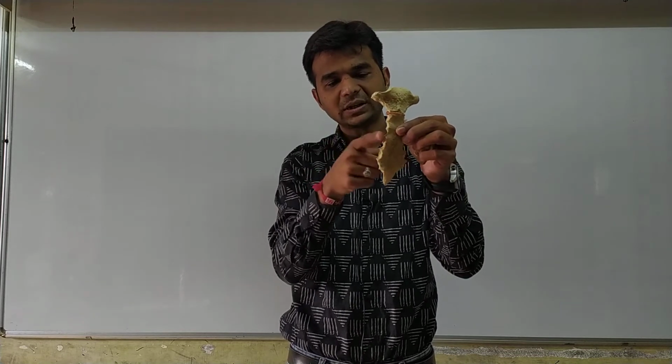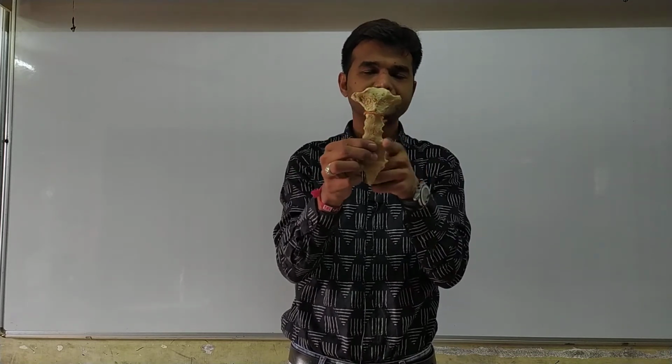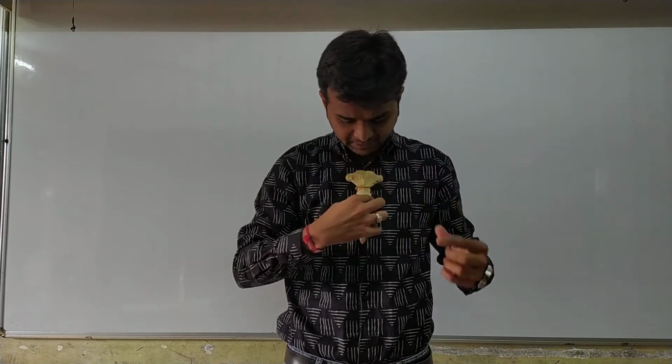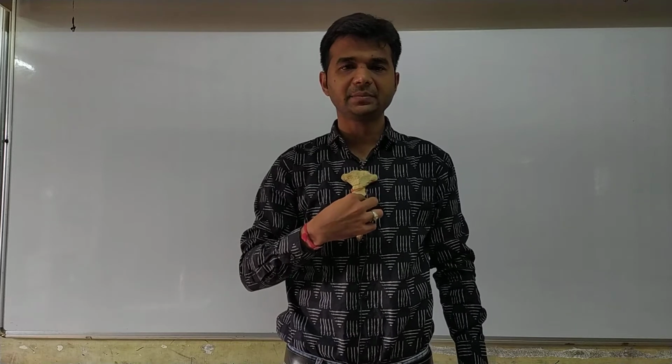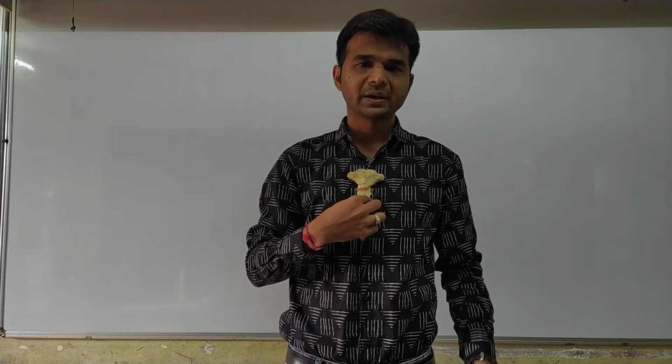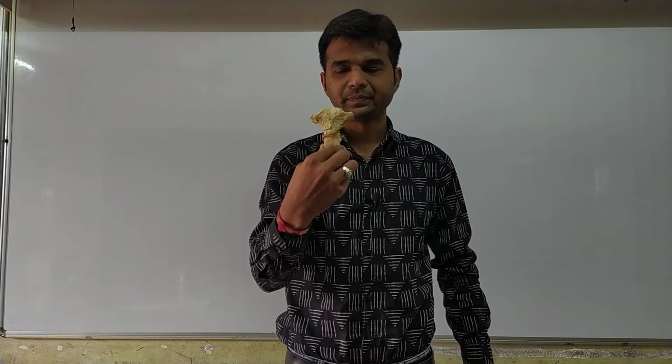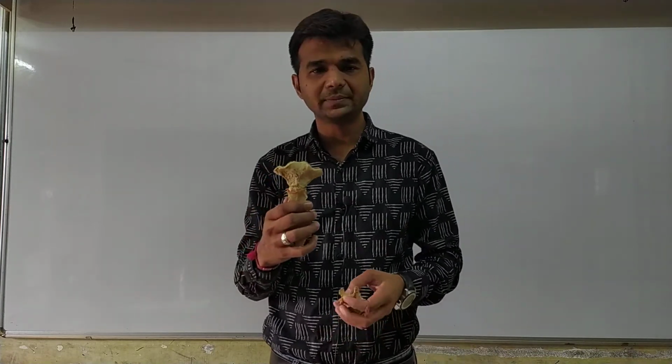So here costal cartilages are connected to that, and this sternum is present exactly in the middle of the chest region, and just back to it the heart is present.